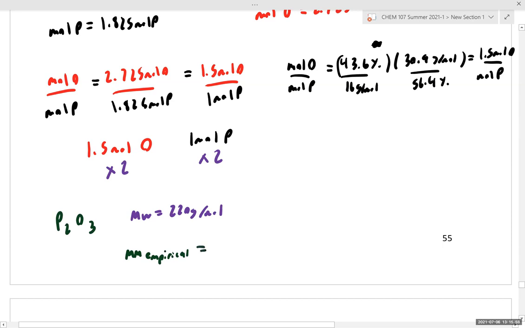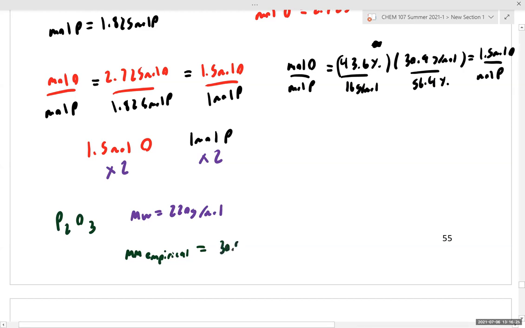What is the molar mass of P2O3? Let's tie everything together and complete this problem. What is the empirical mass of P2O3? 109.94. Okay, exactly right.